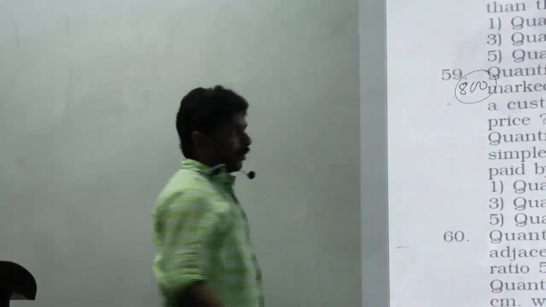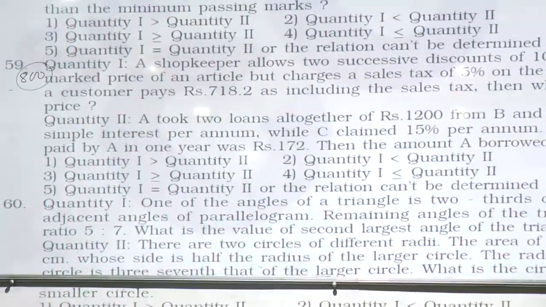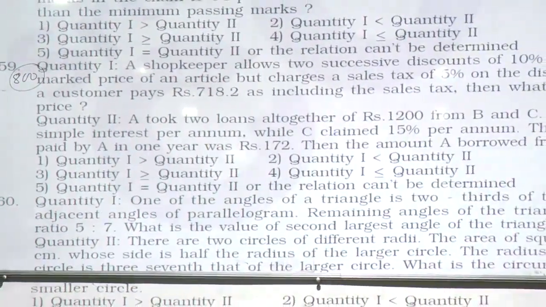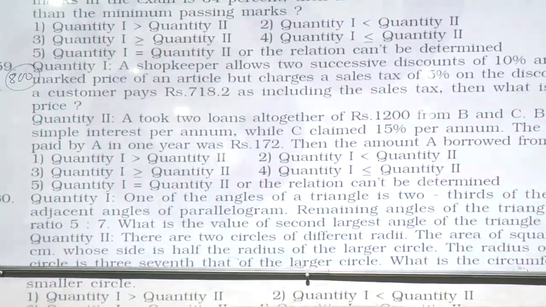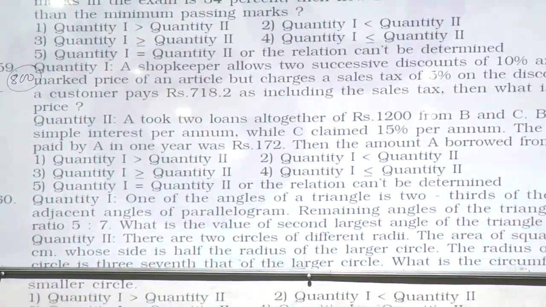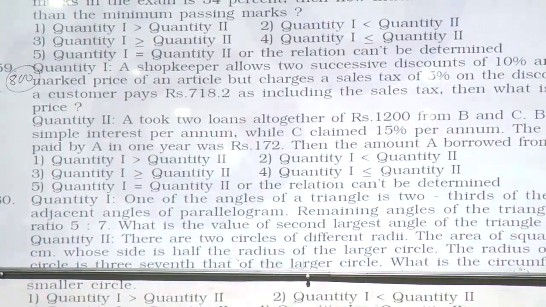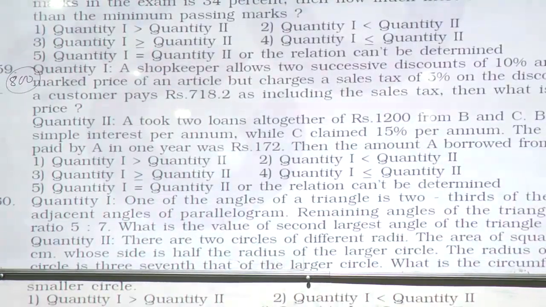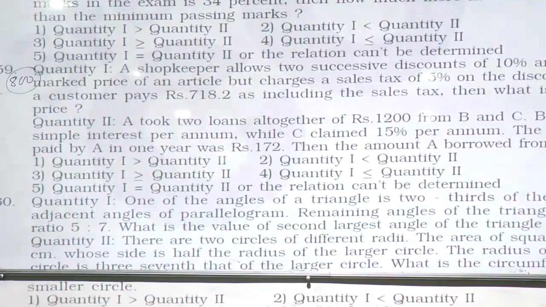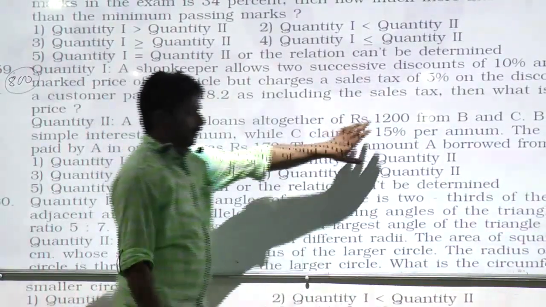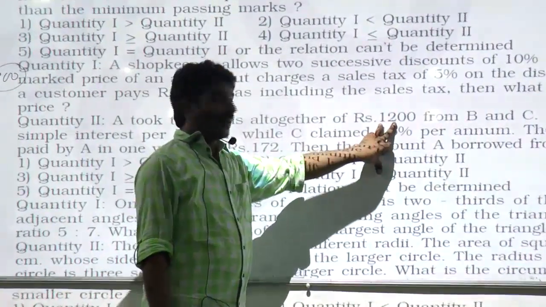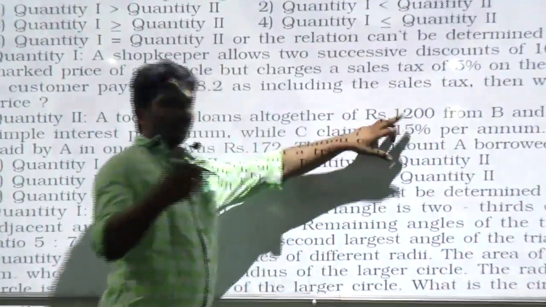A took 2 loans altogether, 1200 from B and C. B charges 14% simple interest, C charges 15% per annum. The total interest paid by A in 1 year is 172. The amount A borrowed from B is asked. B is charging how much? 14%. What about 1%? 12. 14% in the sense 12 into 14.